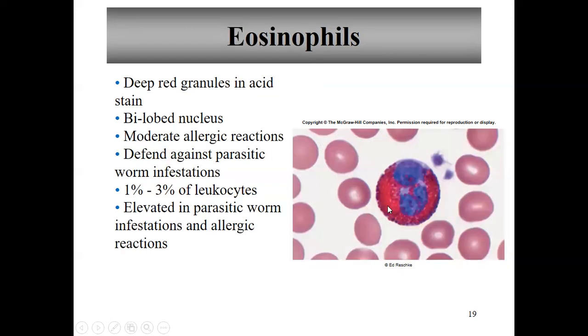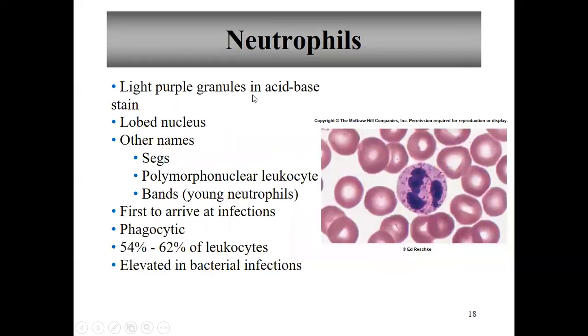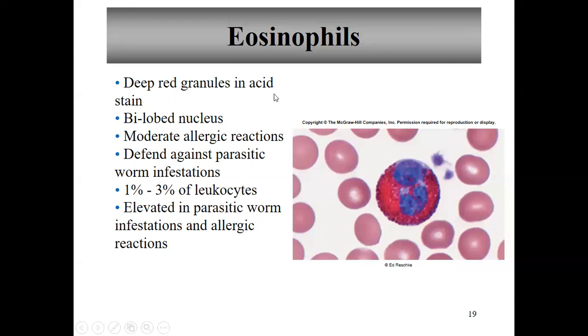This one also has a bunch of dots or grains on it, which makes it also a granulocyte. In the neutrophils, we use an acid-base stain in order to make it purple. Here, in the acid stain, it turns deep red. So when you look at it, you see mostly this deep red with a purple nucleus. And that is a typical look of an eosinophil.